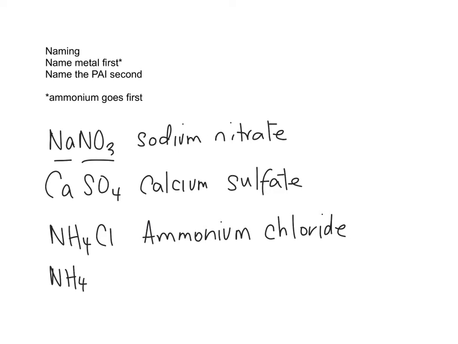So let's say NH4NO3 would be ammonium nitrate. So use your reference table for your polyatomic ions for naming your compounds.